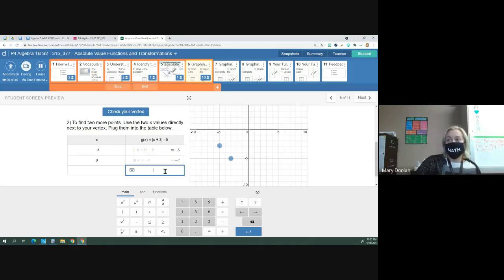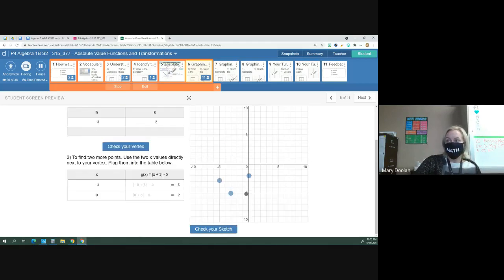And then if I just click out of that, it's going to evaluate it for me. So another ordered pair is 0, negative 2. Now I could keep plotting all kinds of points, but they're following this pattern of absolute value.